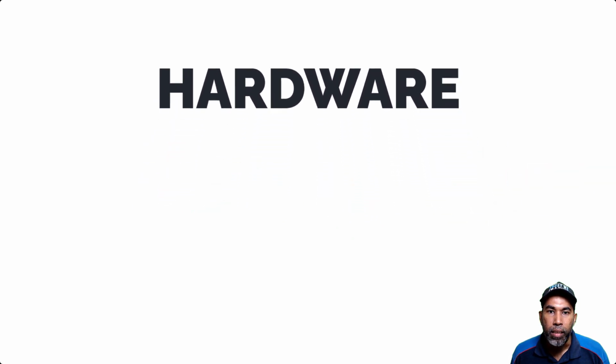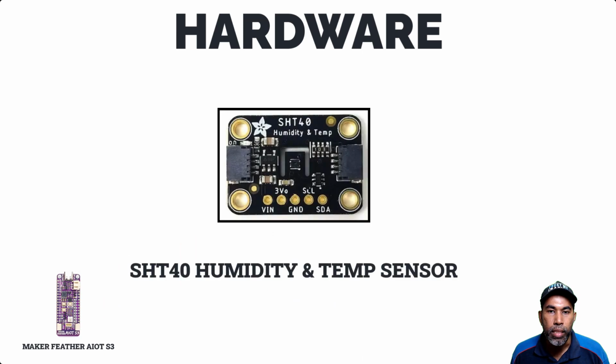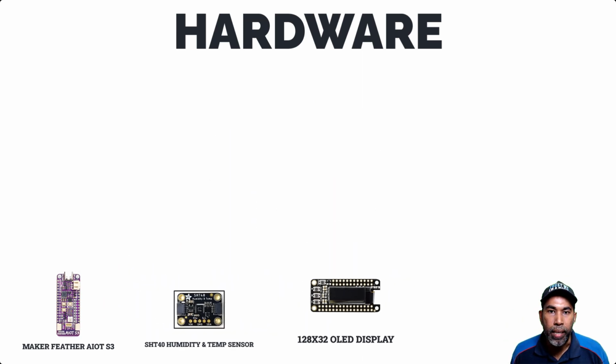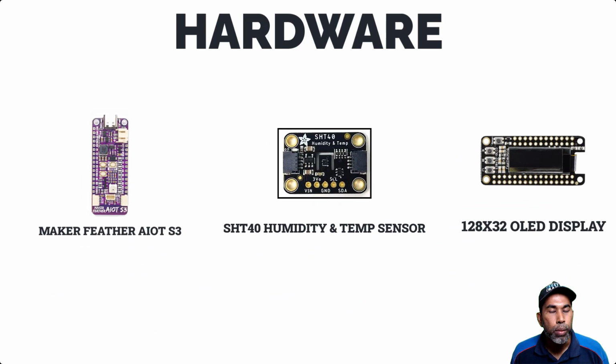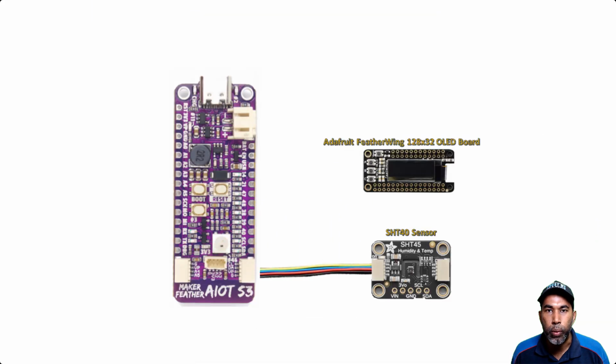Now let's look at the hardware part. For this project, we will use the Maker Feather AIOT S3, an SHT40 sensor, and a 128x32 OLED display. The OLED display is optional. The connection between the devices is done as shown.